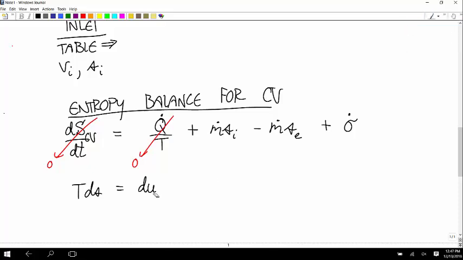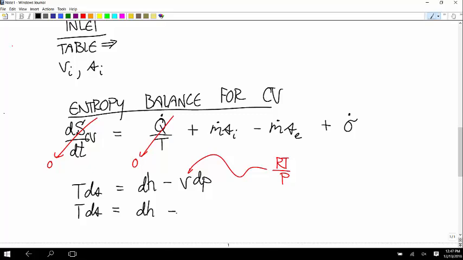So dH minus VdP. And then this V is equal to RT over P. So we have TDS is equal to DH minus RT dP over P.